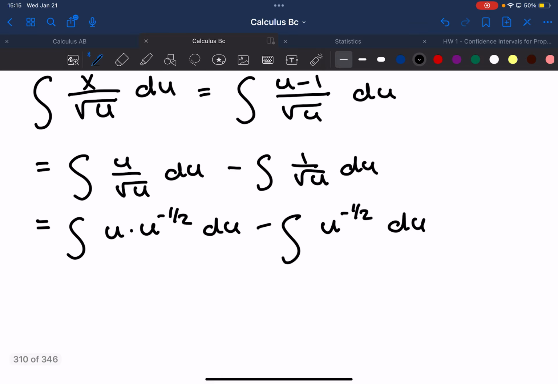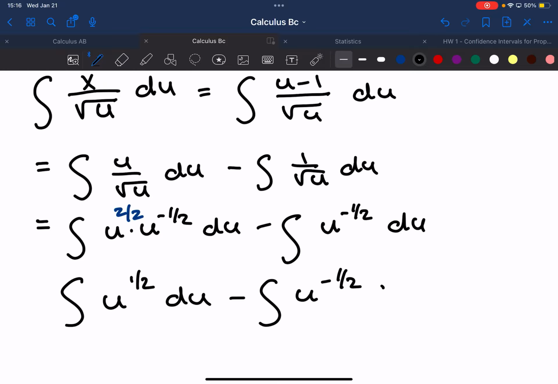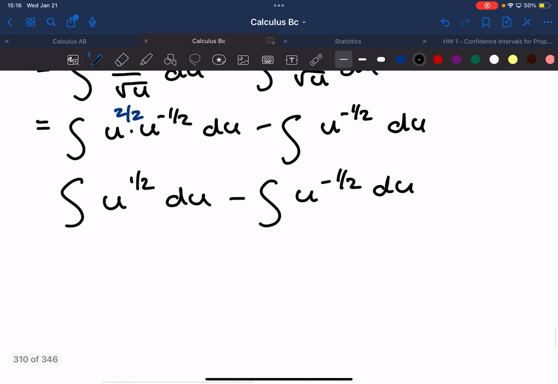If this is u to the first power, which is 2 over 2, and we add that to the exponent of negative 1/2, we have the integral of u to the 1/2 du minus the integral of u to the negative 1/2 du. From here it should be very simple to do the antiderivative because we isolated everything to make it easier on ourselves.